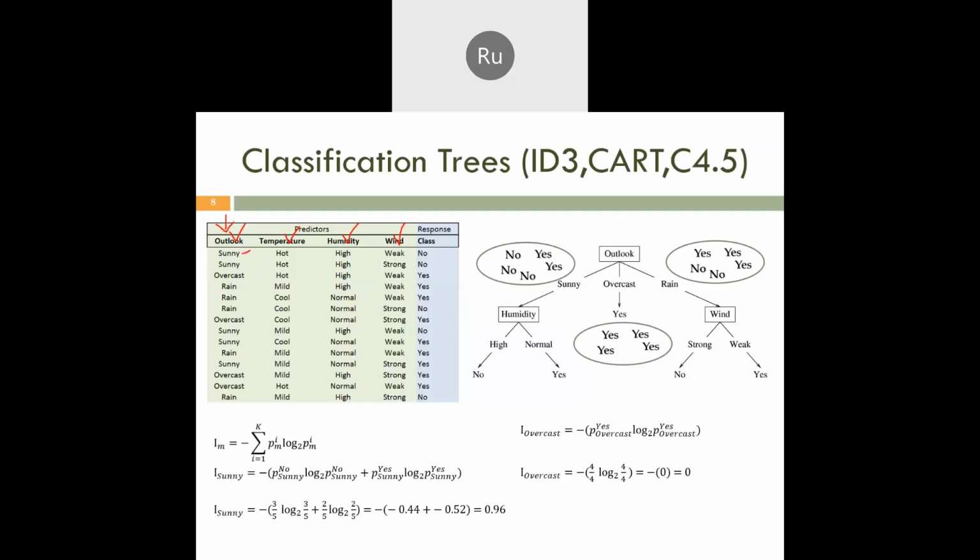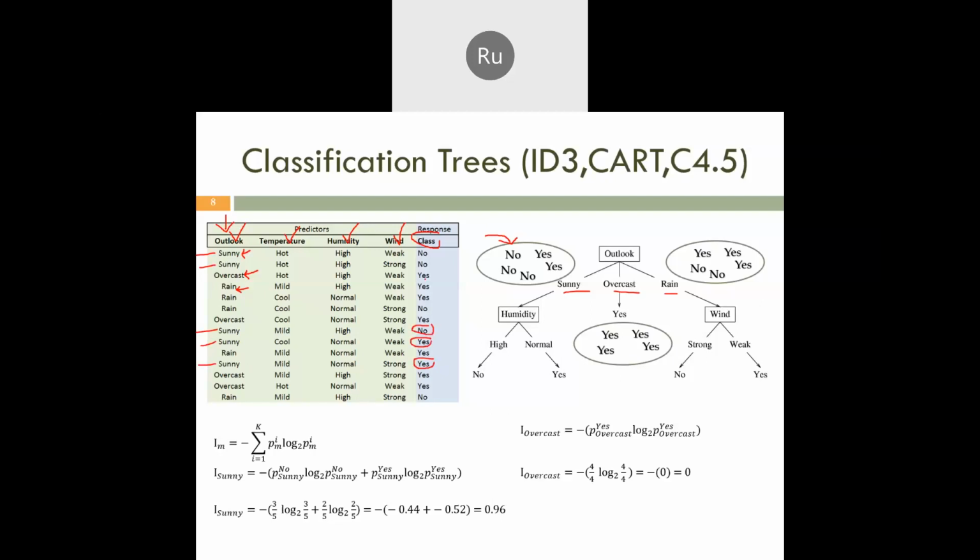To split the data, we take all the unique values we have: sunny, overcast, and rain. We only have 3. For each of these values, we collect the labels. For sunny, we have 3 no's and 2 yeses, so 5 in total. So we are looking at this one.